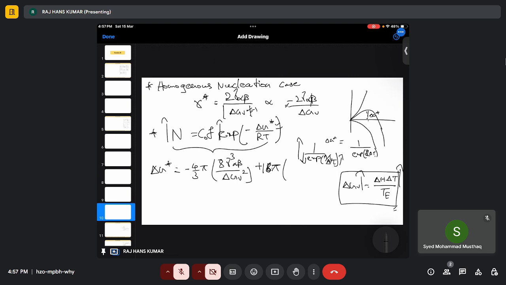It should be 16, because you already have 4, another 4 will join you, so 4 times 16, and this will be gamma cube upon delta GV square.